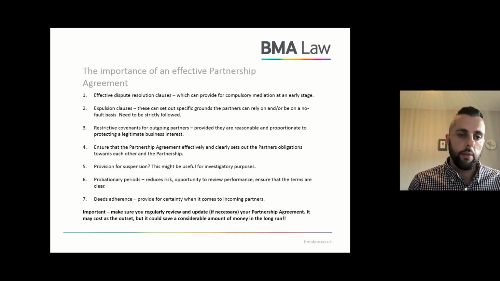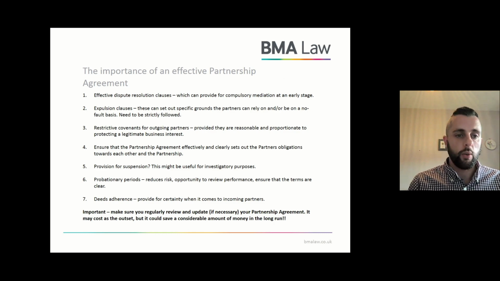And usually, as I said, they will set out specific grounds for partners to rely on. Often as well, the partnership agreements differ from one agreement to the next, but there can be no fault expulsion clauses as well, what are known as green socks clauses, and they can be quite useful in certain circumstances if they're exercised properly.